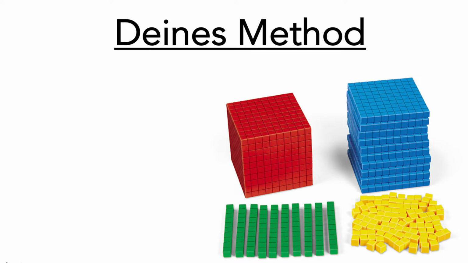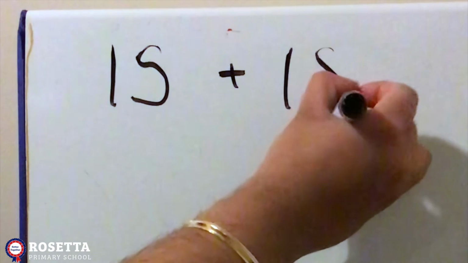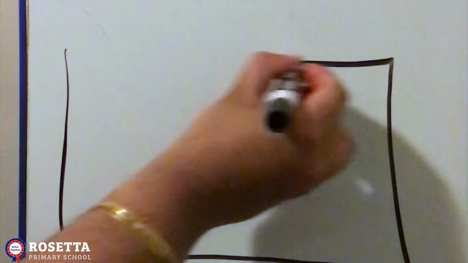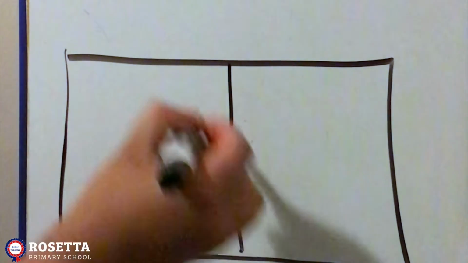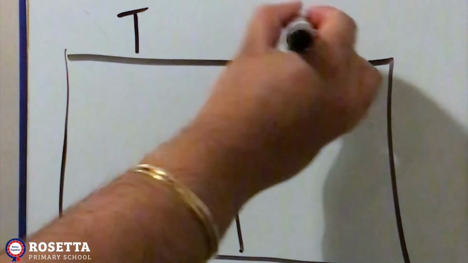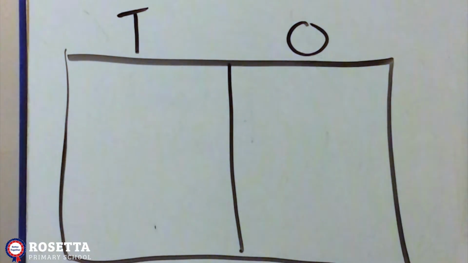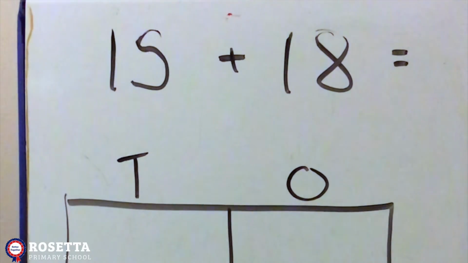Now the last method we need to have a think about is the deans. So we've got 15 plus 18 again. This time I'm going to draw a place value chart. If it was in our books, we always use a ruler. Now, how many ones do we have?